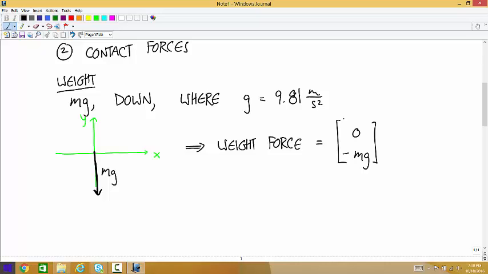Okay, so g doesn't have a negative. g is just positive. But if you have a coordinate system with the y-axis pointing up, you put a negative in just because that's the way the vector components work. And most of the time, that's what we're going to have. We'll come up on a couple of topics where we have to use different coordinate systems.